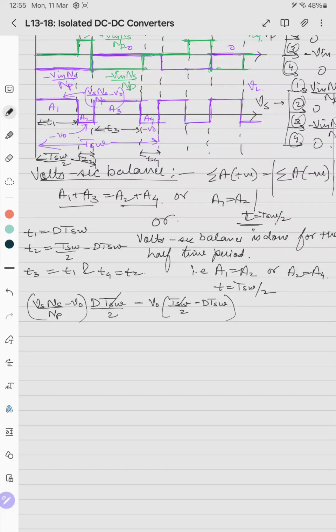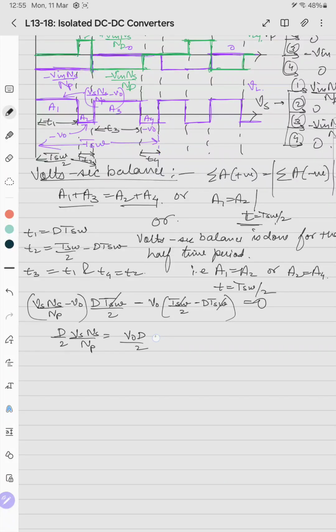So T switching gets cancelled. Here it becomes D by 2 into Vs Ns by Np. If we send V0 there, it will be V0 D by 2 equals 0.